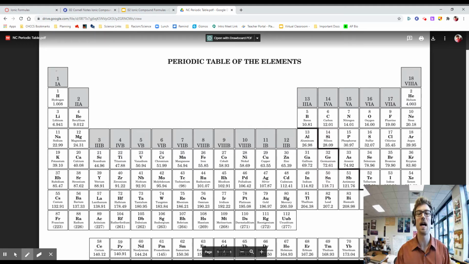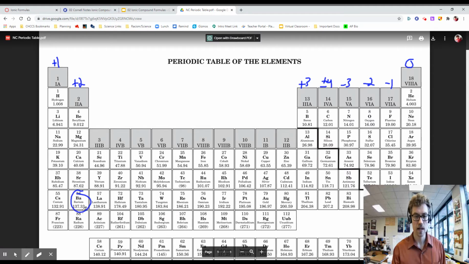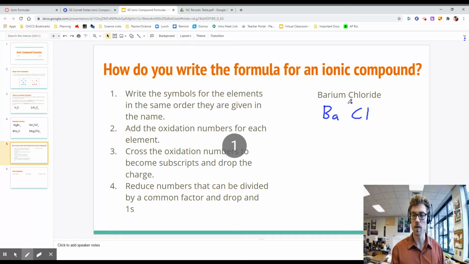And when we're forming compounds, all of them are getting stable, so we need to use the oxidation numbers. Remember this pattern: +1, +2, +3, plus or minus 4, -3, -2, -1, and then 0. So barium is right here. It's in group 2. It's got a +2 oxidation number. So we need to come back and write in +2.